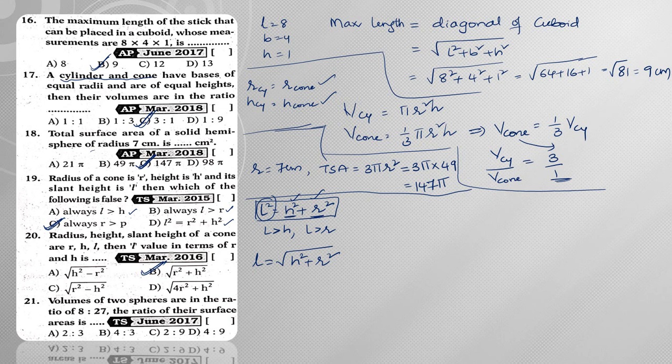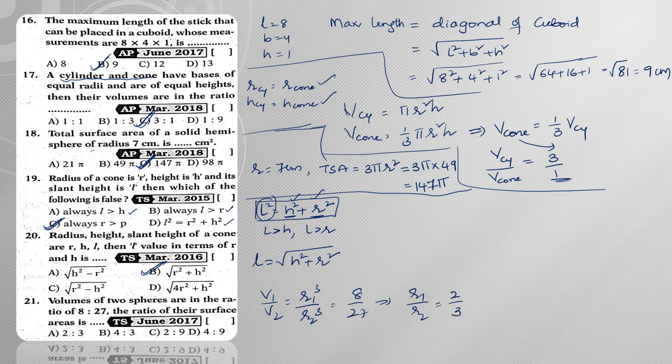Next, this is like a repeated question. The volumes of two spheres are in the ratio 8 is to 27. So v1 by v2 can be written as r1 cube by r2 cube, which is equal to 8 by 27. Based on this, r1 by r2 is equal to 2 by 3.